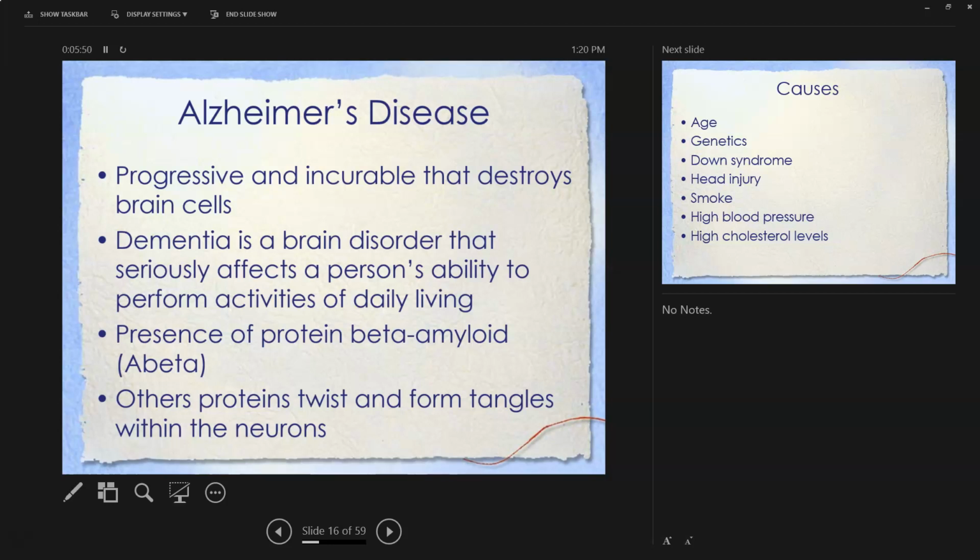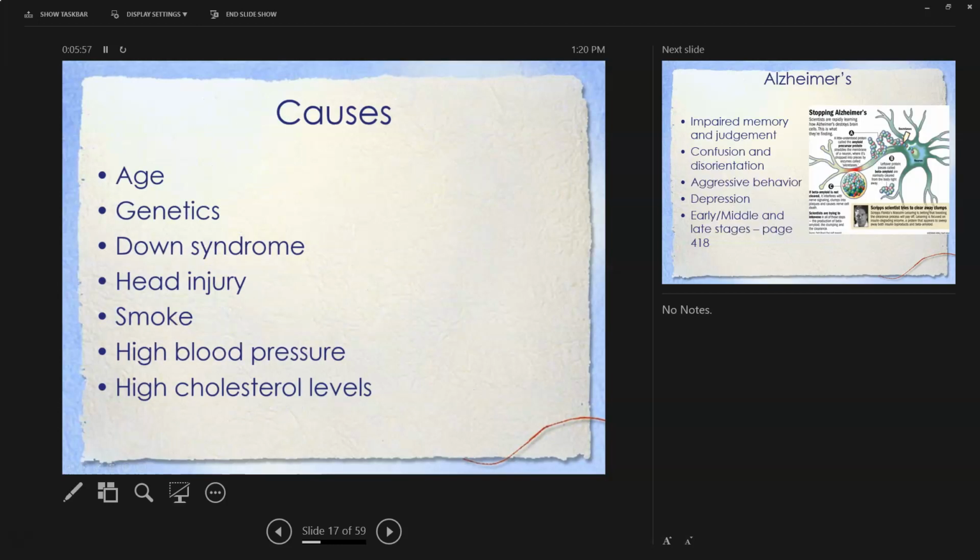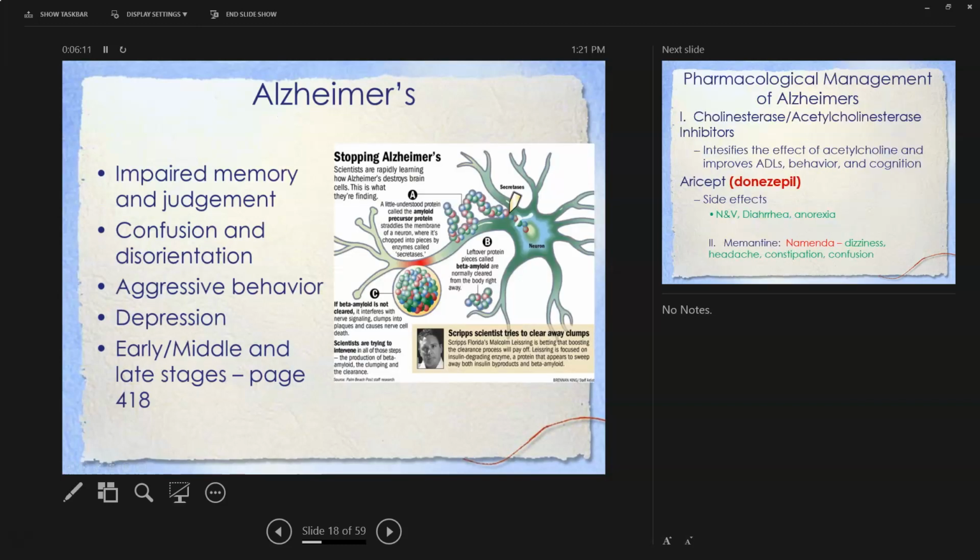Other proteins twist and form tangles within the neurons. So the proteins in the brain are what they have finally found to cause Alzheimer's. And then your age, genetics, if you have Down syndrome, head injury, smoking, high blood pressure, high cholesterol. Certainly genetics plays a role in Alzheimer's.